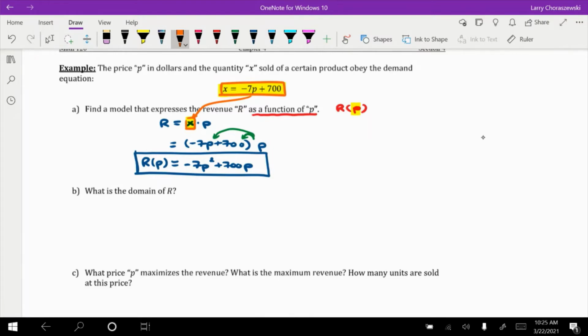So keeping in mind some real-world stuff, the price P should be greater than or equal to 0. You also need stuff to sell, but there are those times where you might not have any product to sell. So I'm going to put a condition on x and say that x should be greater than or equal to 0.